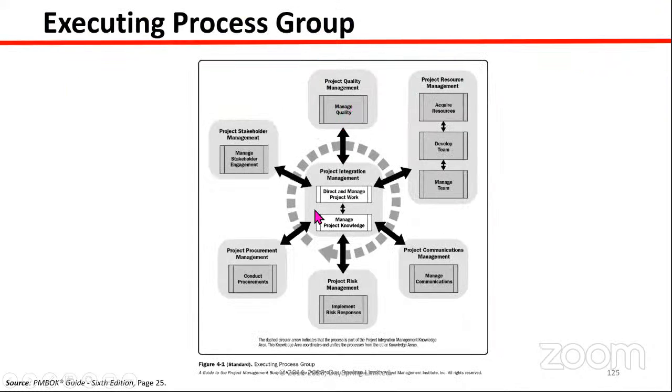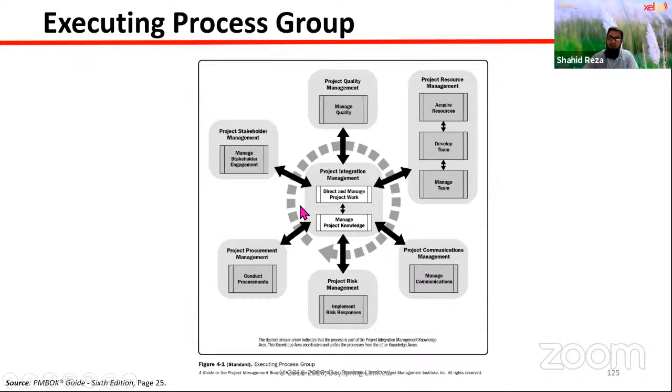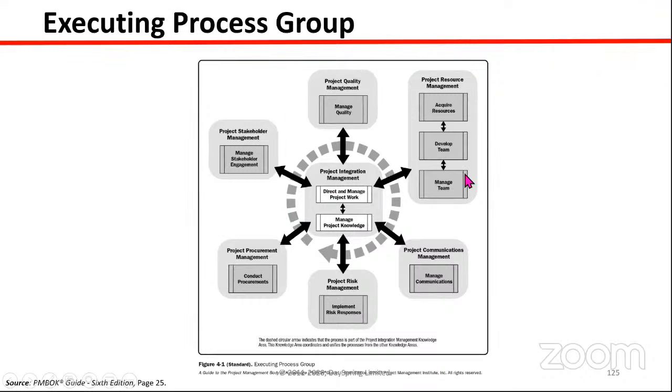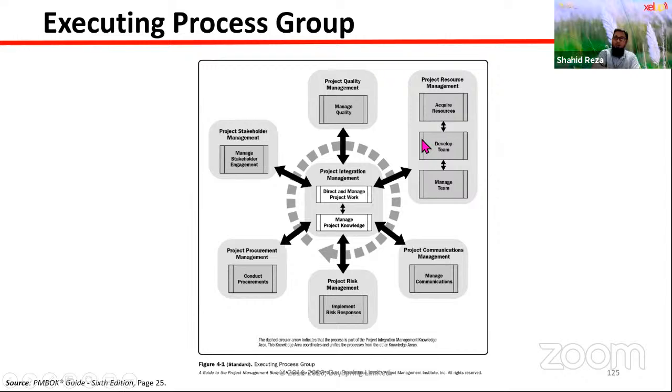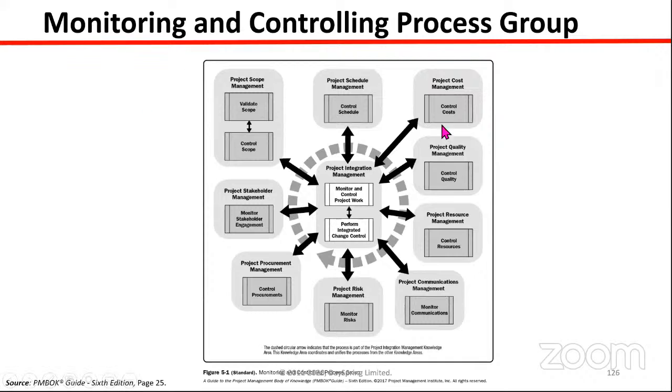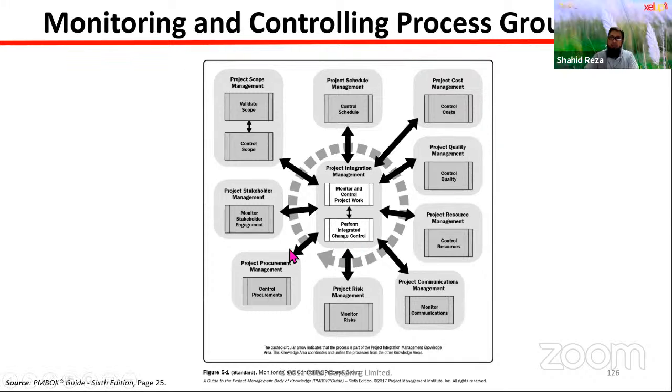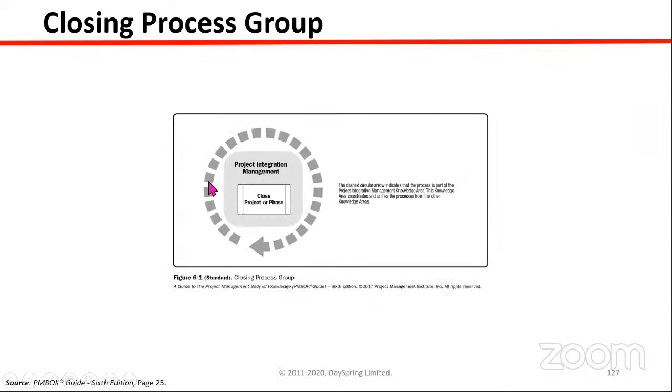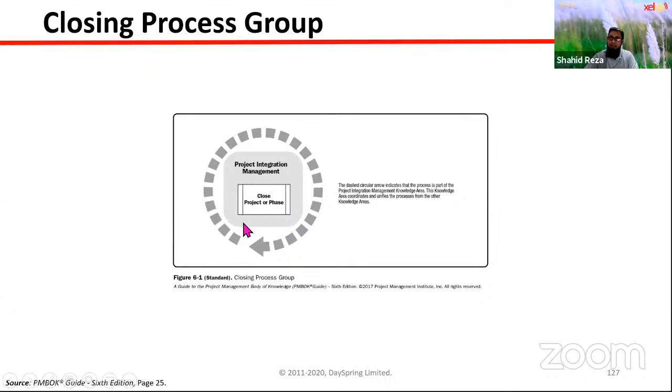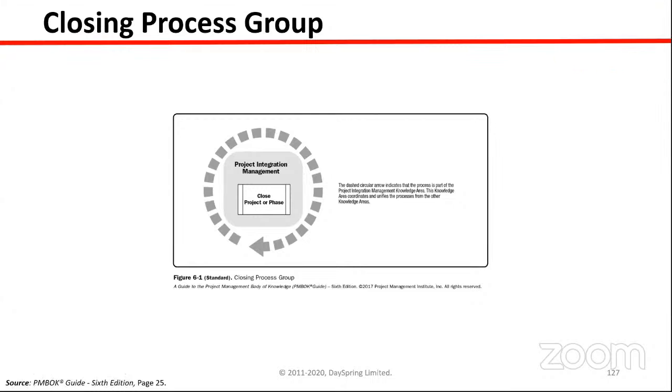Similarly, when you are doing direct and manage project work and manage project knowledge, these two will integrate the other 8 processes of the execution process group. And monitor and control project work and perform integrated change control will also integrate the other 10 processes of the monitoring and controlling process group. And when we are doing closing, that will close every open end of the project. Nothing will be open after completing this process.